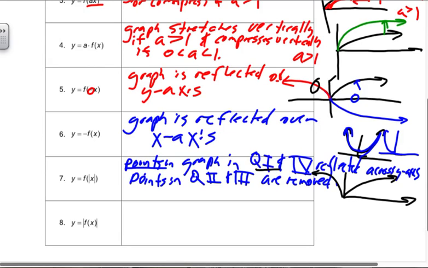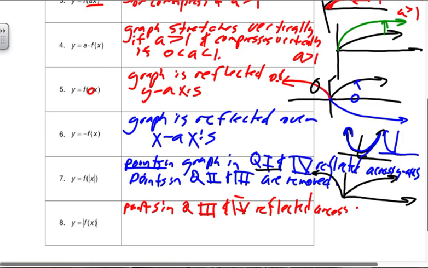All right, and let's take a look on the outside. Points, and again, these are your parent function points in quadrants 3 and 4, are reflected across the x-axis.